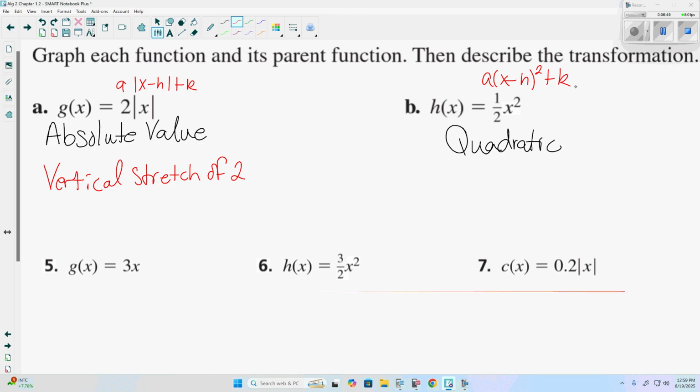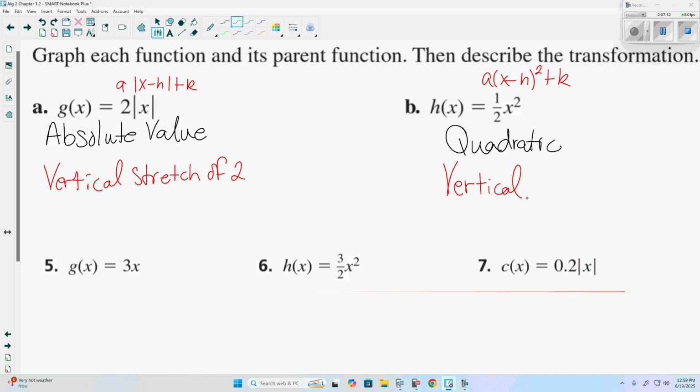Again, do we have a value for h and k? No. Because for h, we will need parentheses written: x minus a number, x plus a number, inside parentheses being squared. The only thing we do have a value for is a, yes? And the value of a is 1/2.